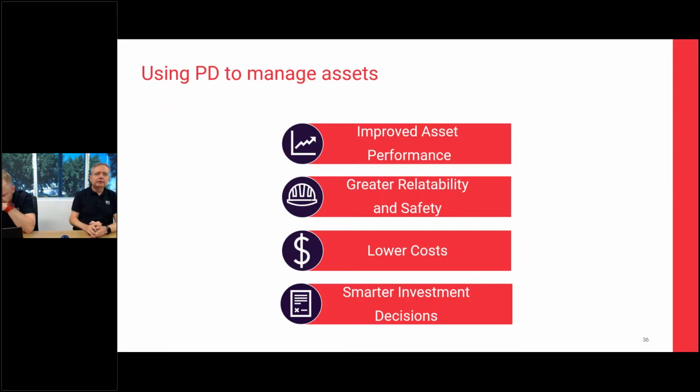If we do all this, then as with everything, what we can get is improved asset performance, greater reliability, and safety. We can lower the costs, like we said at the beginning. We can generally save a third of the cost by proactively replacing cable joints that are discharging before allowing them to fail. And one of the other big things is that we've got aging networks in a lot of places.